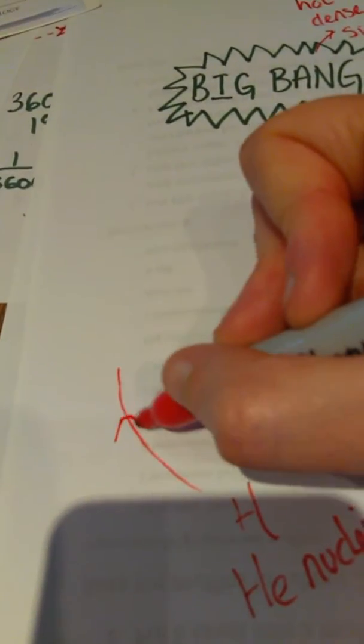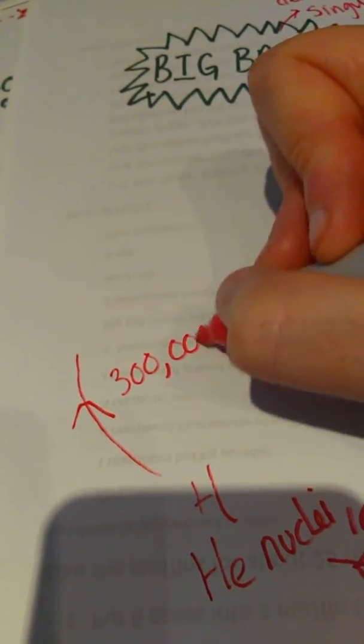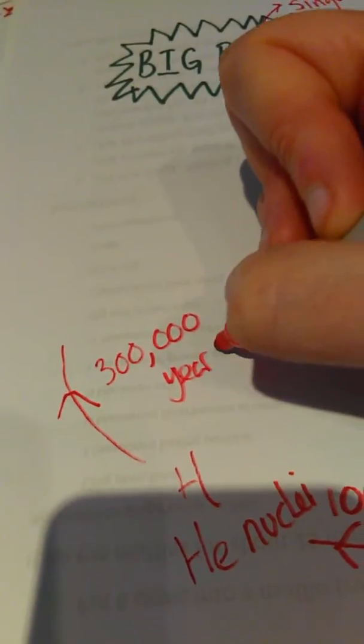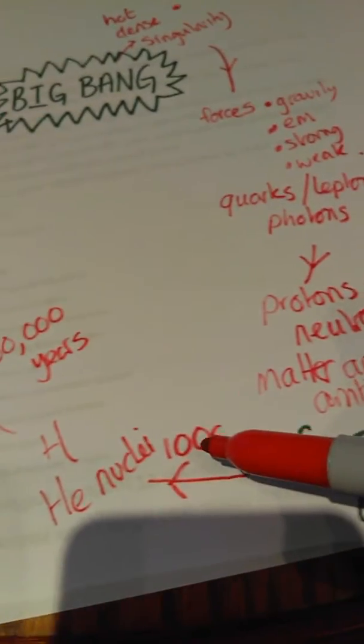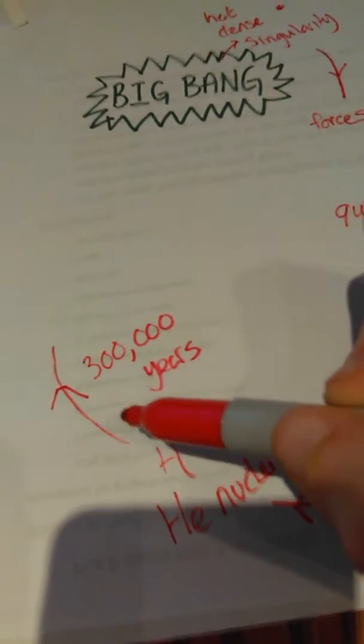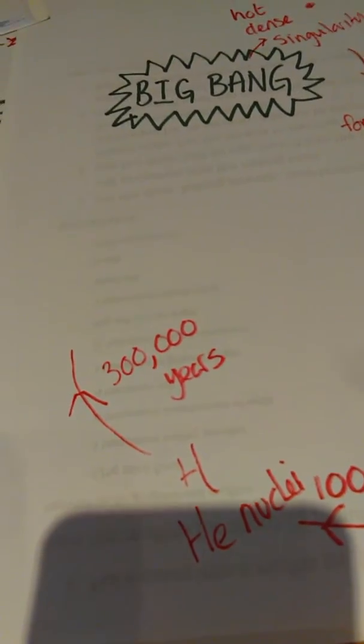So what we're looking at later is 300,000 years later. So this has all happened within a second, then within 100 seconds, then we're looking at 300,000 years. Now, the universe is cooling all along this time.